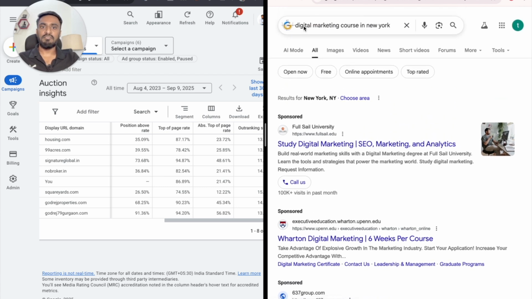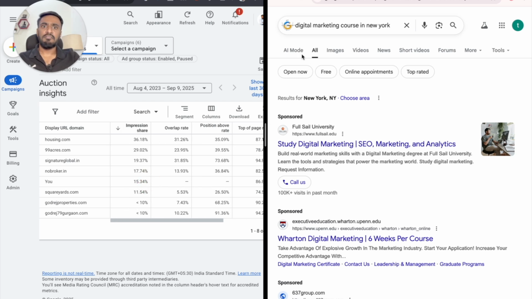Whenever someone searches for digital marketing course in New York, let's assume 1000 people search, but you were able to show your ads only to 100 people because you ran out of budget. Google shows your ads to the users approximately 100 times, so your impression share becomes 10%. Out of those 1000 people, if 100 people see your ad, your impression share automatically becomes 10%.